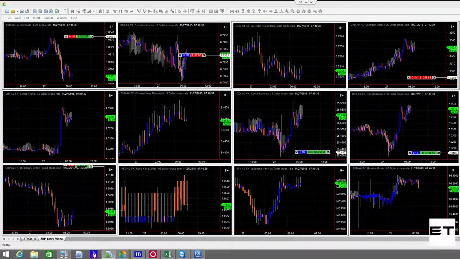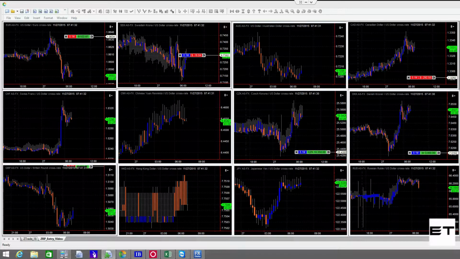So we did see some nice market movement in the past couple of hours. The Euro USD is up over $500, which equals to about over 50 pips. The Czech krona is up over 10,000 Czech dollars, which equals to over 400 US dollars.